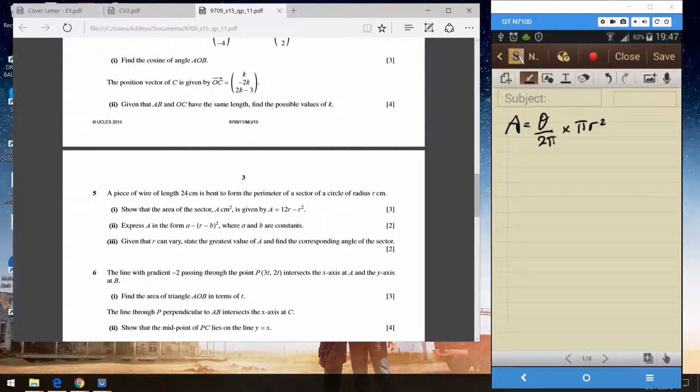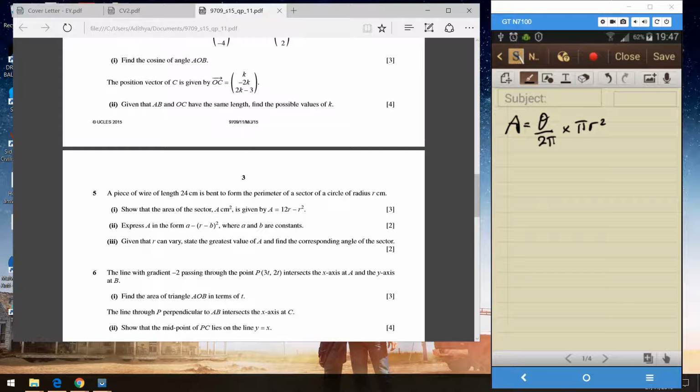The area of the entire circle is pi r squared, and the sector is the angle in radians per 2 pi. So it's a proportion of the whole circle, multiplied by the area of the whole circle.